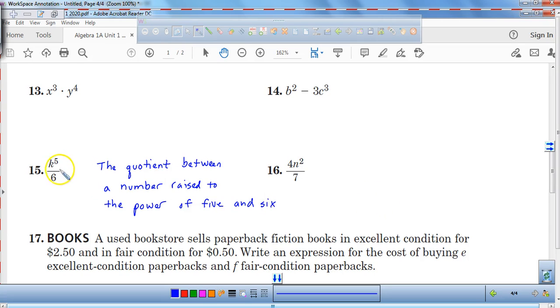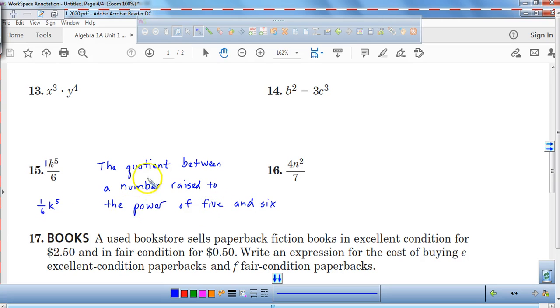So the quotient between basically a number to the power of 5 and 6. Now, a quotient, you could also write it. Technically, you can't see it, but there's a 1 right there. That's 1k to the power of 5. So I could also technically write it as 1/6 of k to the power of 5.